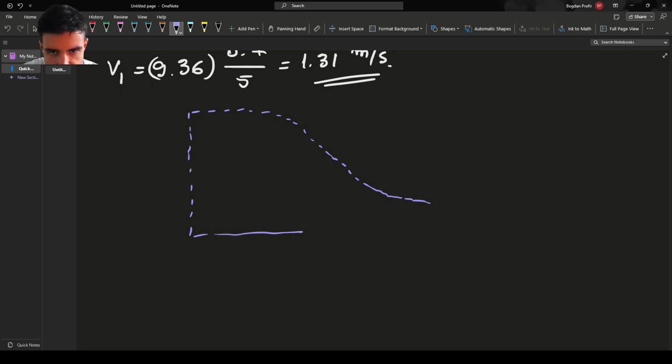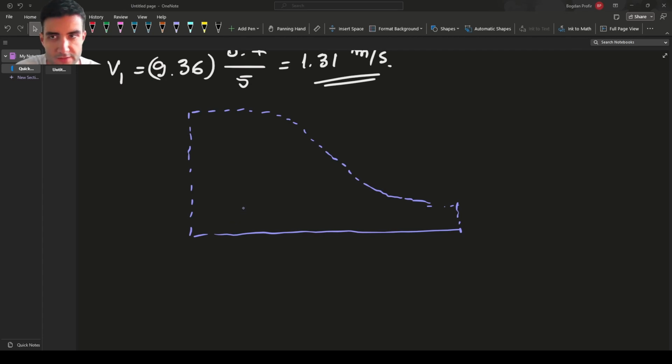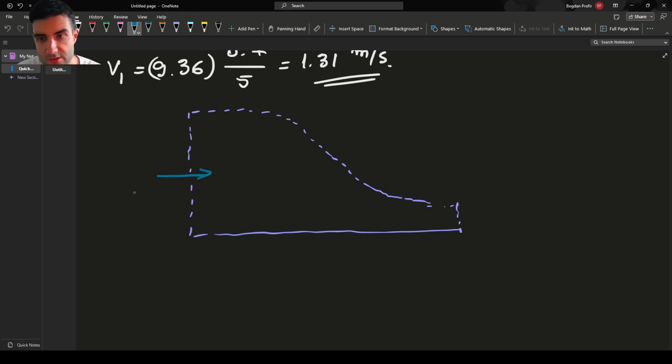So we've got something like this. There is one inlet on the left hand side, which means that, as you know, the water is going in through here. So this velocity is going to be V1, and then we have another velocity here, which is V2. So those are things that we did in part A, basically.